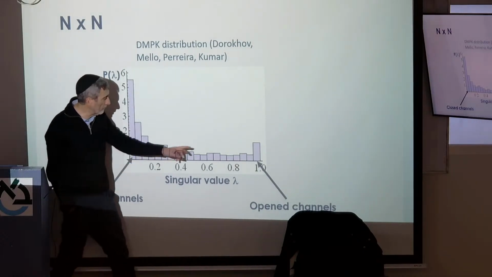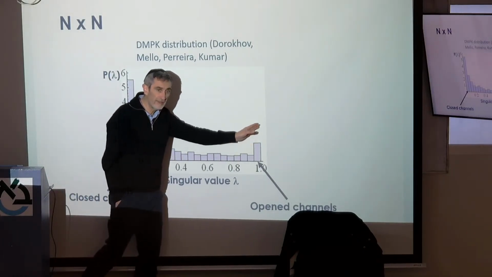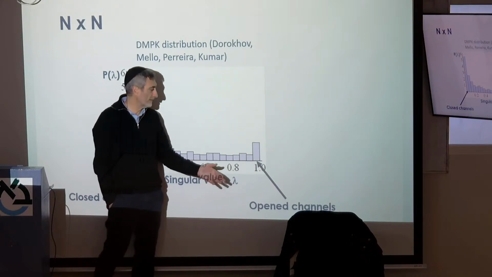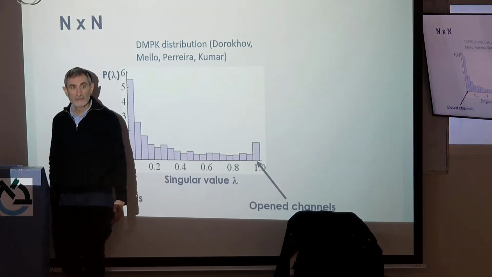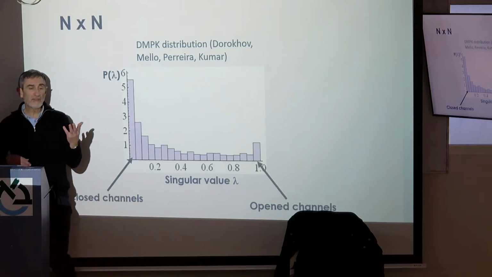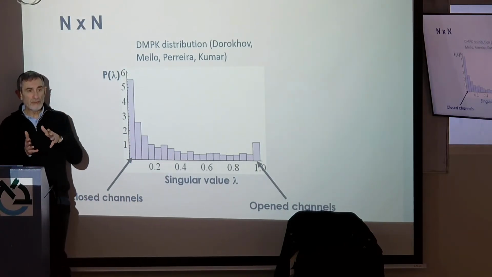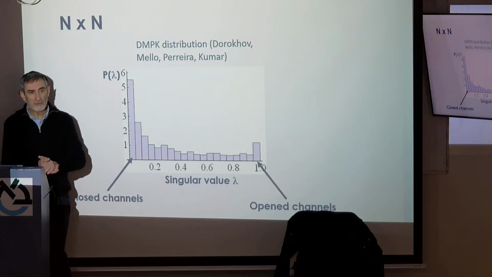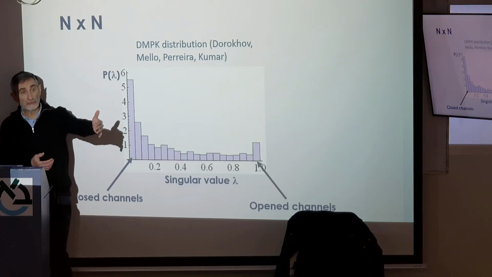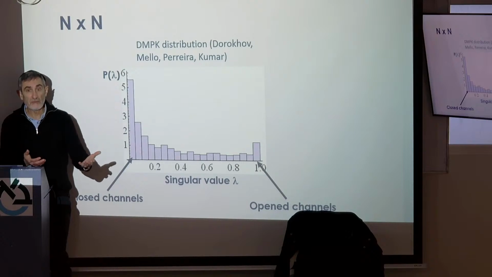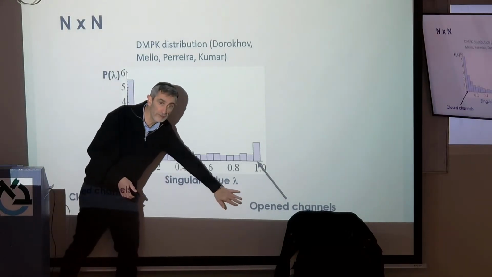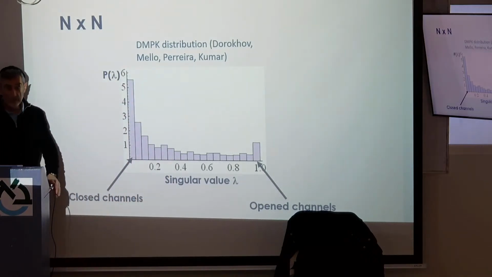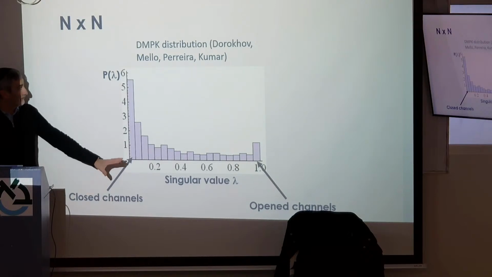But you also have another peak on this side that tells you that you have channels with almost transmission 1. That means if you are smart enough, you can find a way to sneak through the scattering medium and have a transmission of 1, although it's a strongly scattering medium. Those are called the open channels. So there is a way to go through a scattering medium by doing this decomposition.